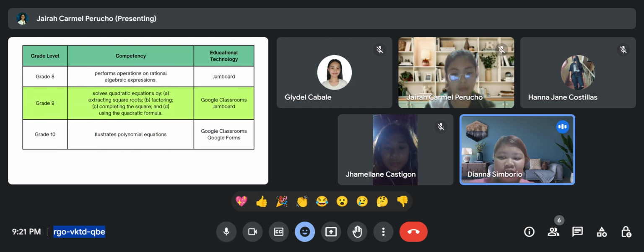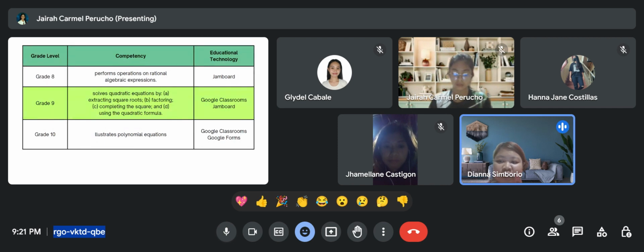Jamboard is part of Google Classroom or the Google services where the students can write anything so that they can perform operations on rational algebraic expressions. So the teacher can let the students manipulate the Jamboard so that they can show to the class how to perform operations on rational algebraic expressions.